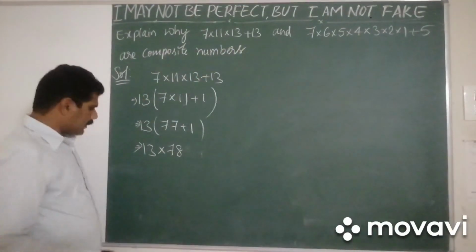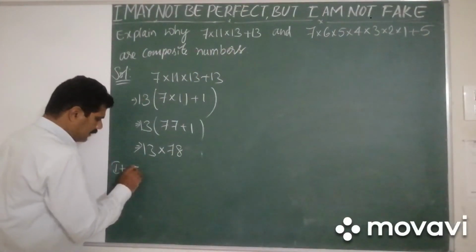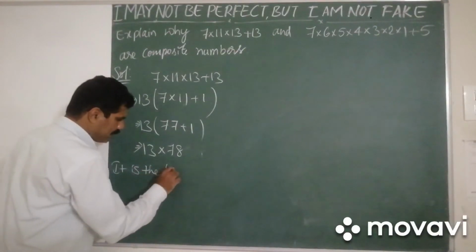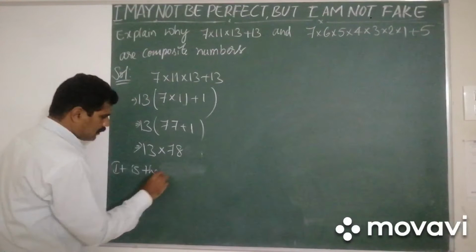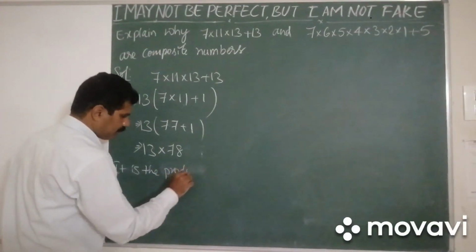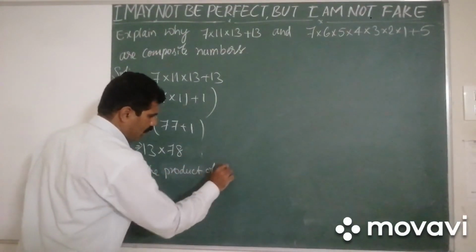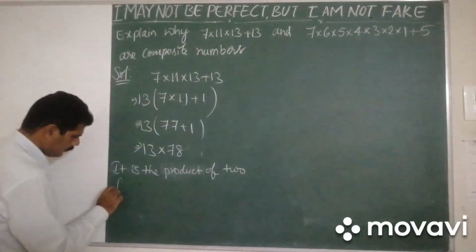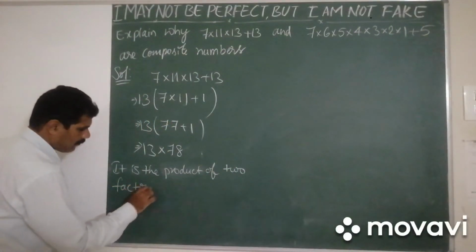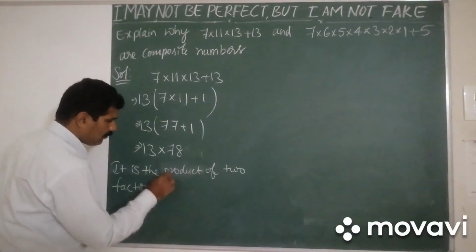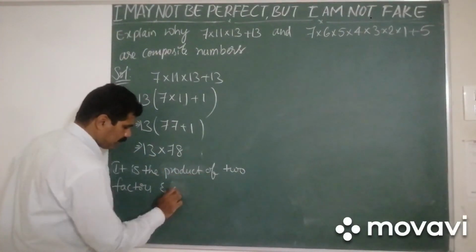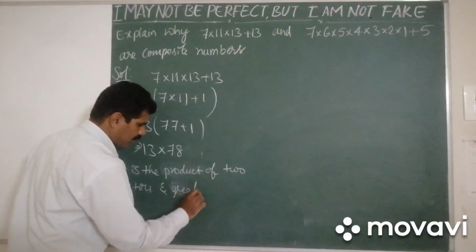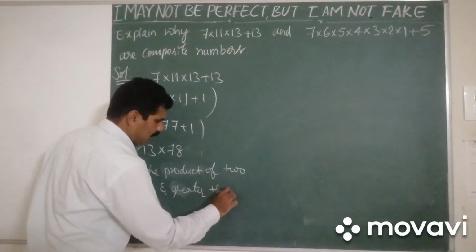So we can write it as, it is a product of 2 factors larger than 1, or greater than 1.